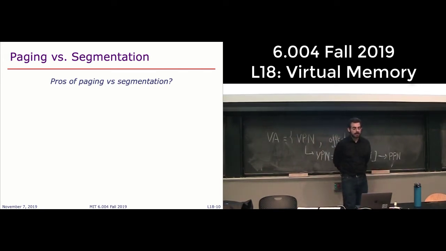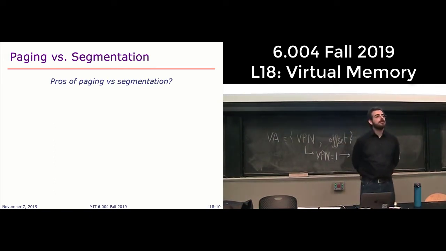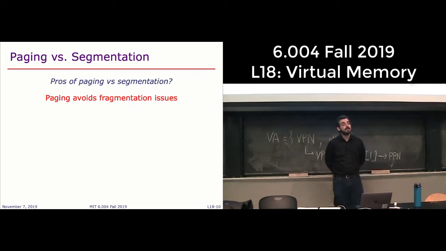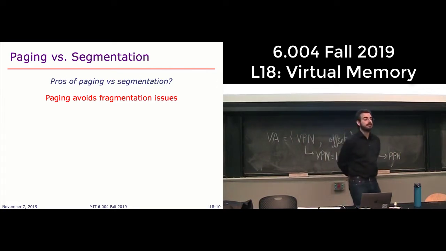So in summary, paging is going to give us one main benefit that we've already seen of paging versus segmentation, which is that we avoid the fragmentation problem, because now we can just manage these fixed size pages instead of variable size chunks of free space. And as long as we have sufficient memory, we do not need to move anything. As long as we have a free page, we can give it to a process that needs it.